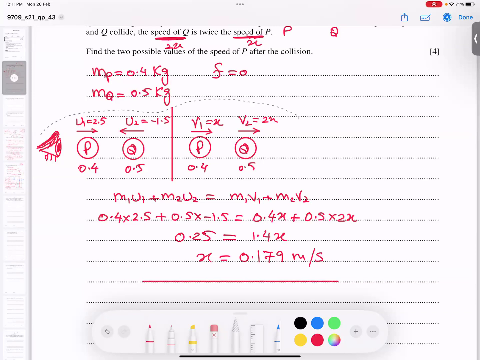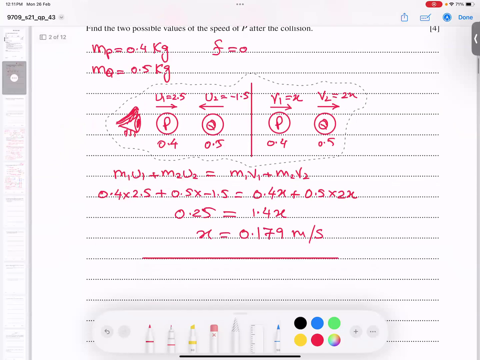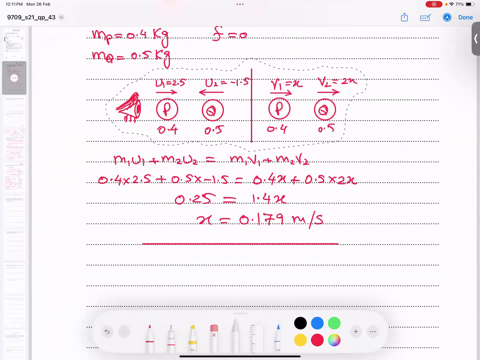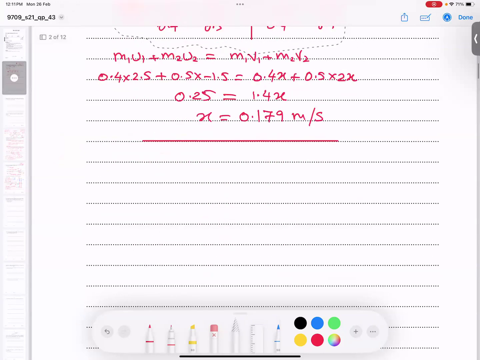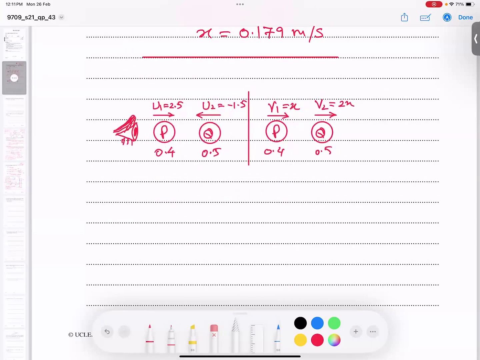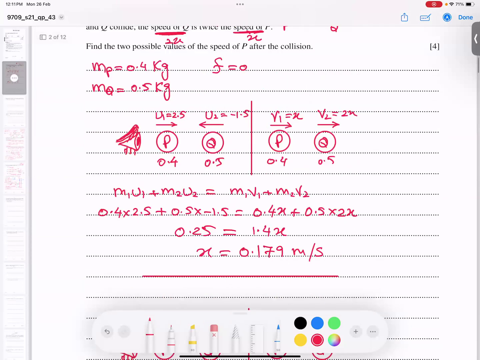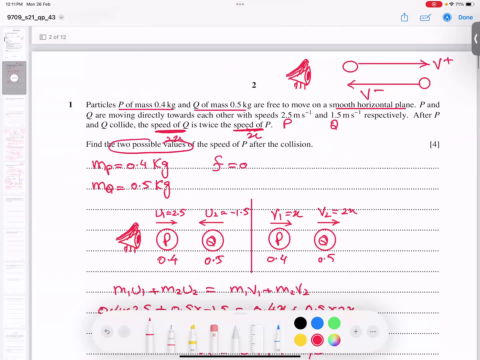I think this point is very clear. Now I will do the same concept, copy and paste here. For the second condition, he said two possible values.